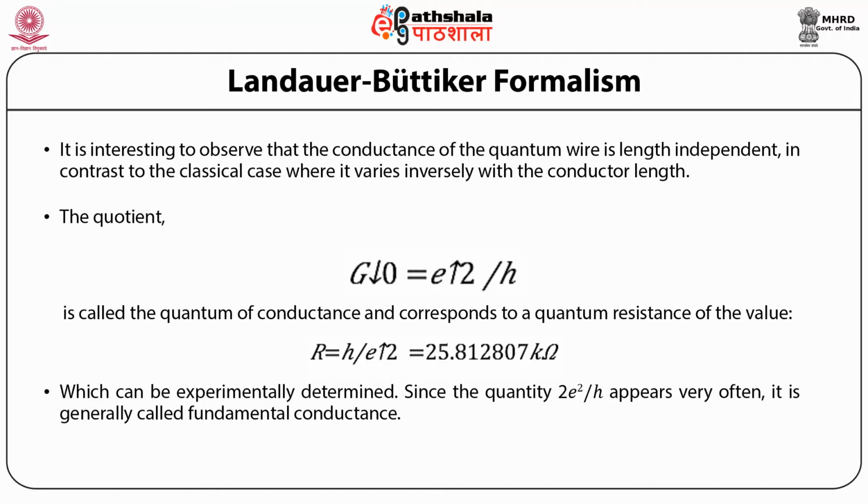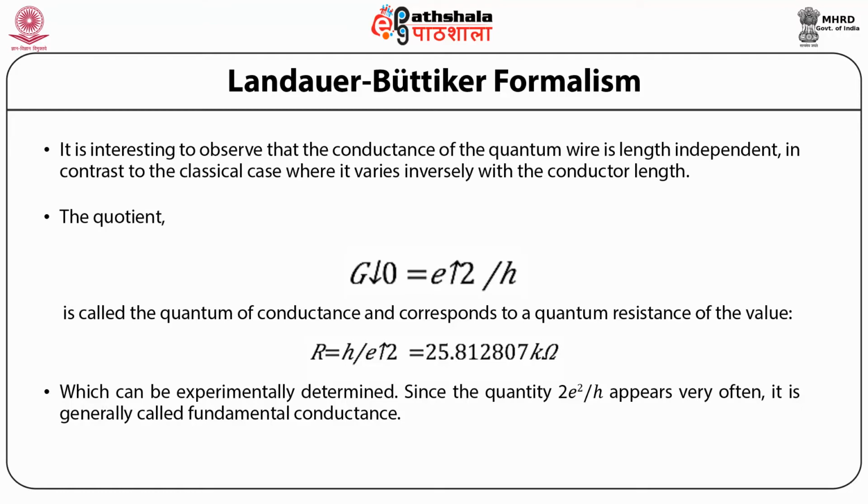So this figure schematically represents the atomic wire. An electron coming in from the left head is partially transmitted through the wire to the right head.